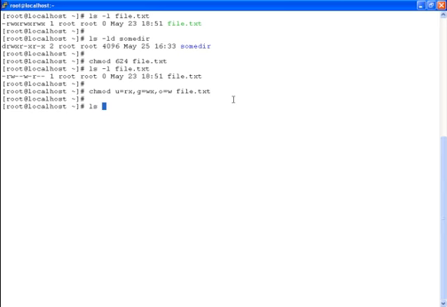So if we do ls -l on file.txt again, you can see that the user has read and execute permission but no write. The group has write and execute permission but no read, and others have write permission but no read or execute permission for file.txt.